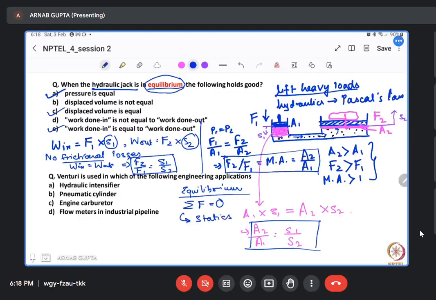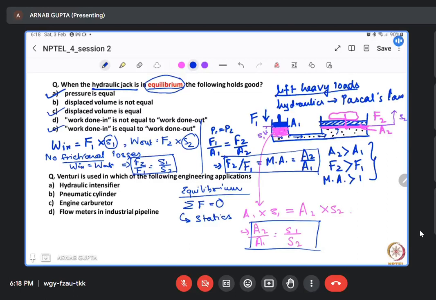We are dealing with static equilibrium of the liquid. There is no overall displacement of the liquid. So it is a hydrostatic problem. So whatever the velocity at which this particular piston is going down, that is uniform.